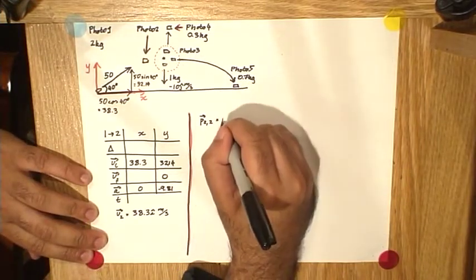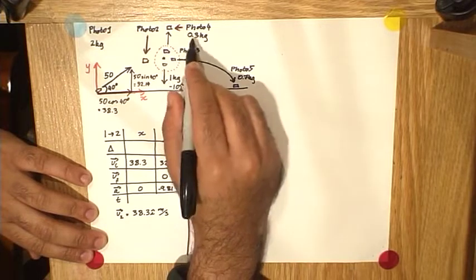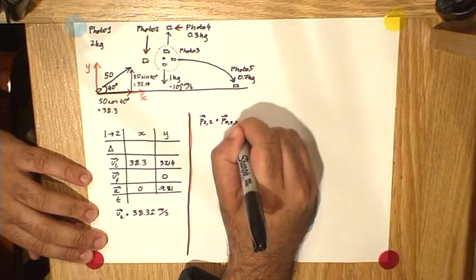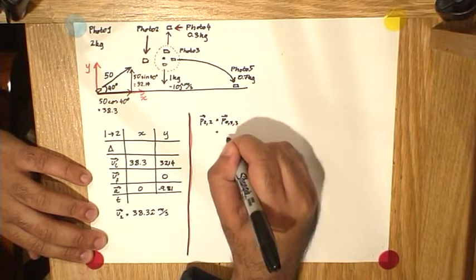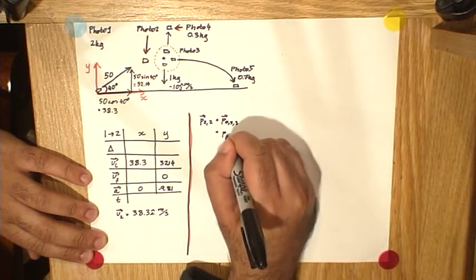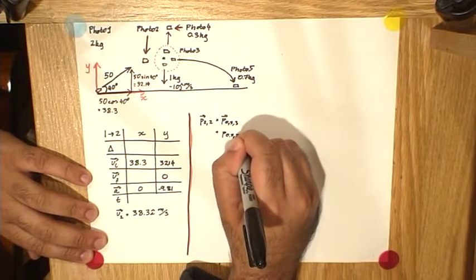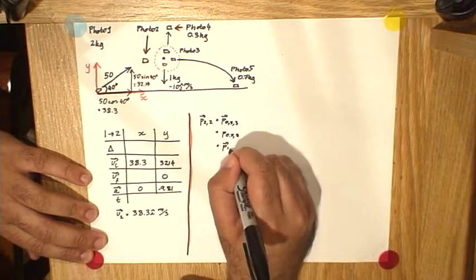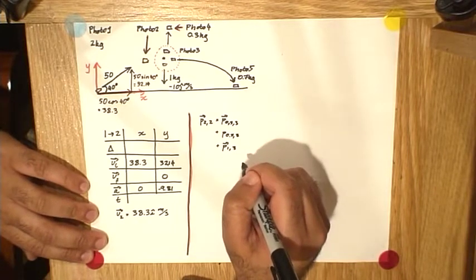So that would be the momentum of the 0.3 kilogram object in photo 3 plus the momentum of the 0.7 kilogram object in photo 3 plus the momentum of the 1 kilogram object in photo 3.